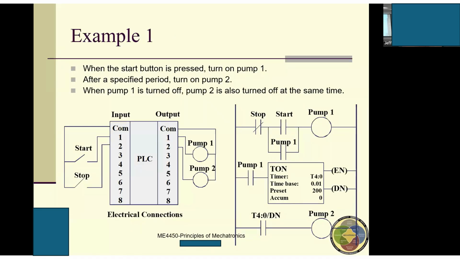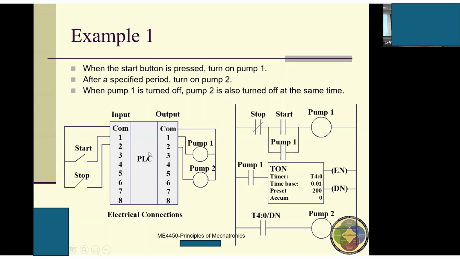So in this example, I'm going to show you guys how TON is different from TOF. Based on my teaching experience, some students could not explain this one clearly, but I want you guys to understand, okay? Pay attention to the difference between TON and TOF.